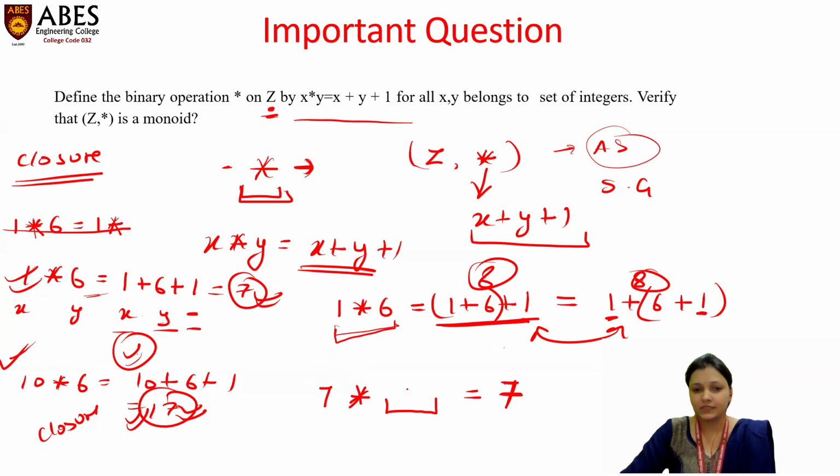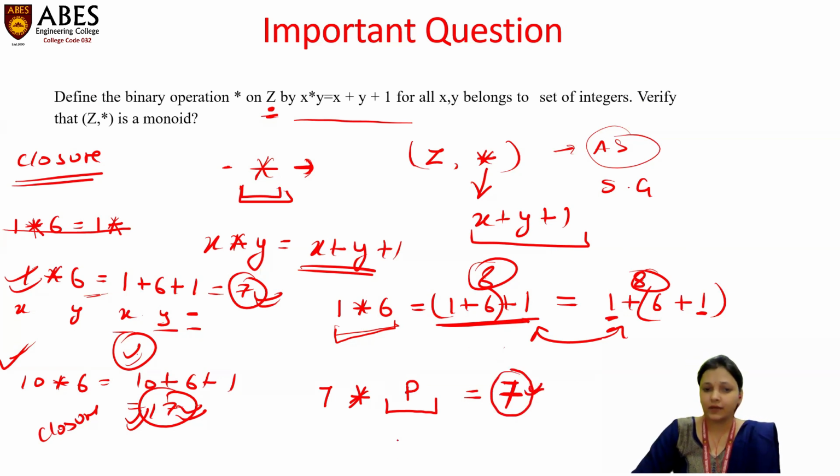For example, I am considering the identity element as P. For what value of P will I get 7? So here I simply write the definition. This is x, this is y. The definition of this operation says x plus y plus 1. And we need to get the value as 7.